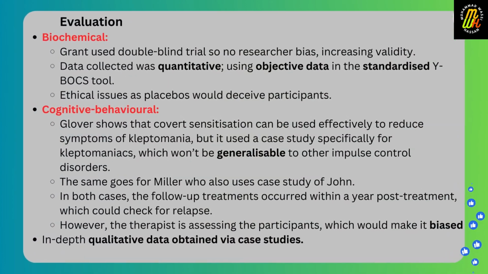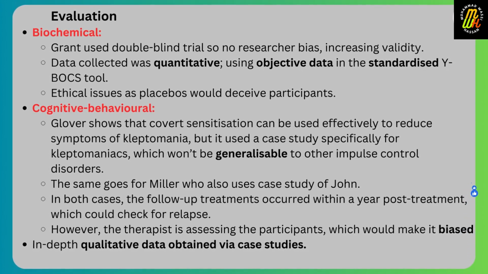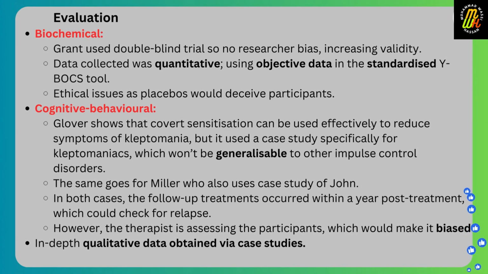Evaluation. Biochemical: Grant used double-blind trials, with no researcher bias, increasing validity. Data collected was quantitative, using objective data in the standardized Y-BOCS tool. Ethical issue, as placebos deceived participants. Cognitive behavioral: Glover shows that covert sensitization can be used effectively to reduce symptoms of kleptomania, but it used a case study specifically for kleptomaniacs, which won't be generalizable to other impulse control disorders.